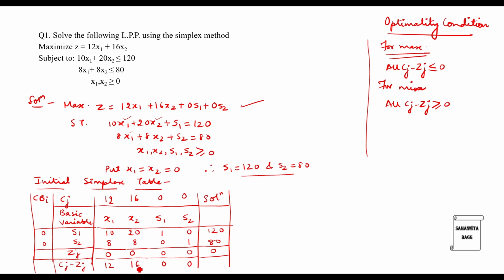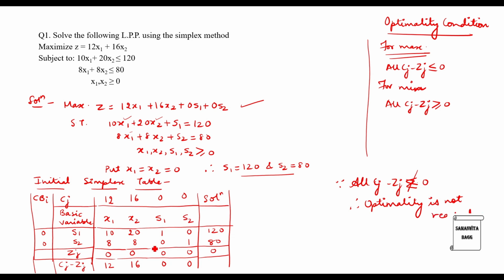In fact, they are positive. So we will write here, since all Cj minus Zj are not less than or equal to 0, therefore optimality is not reached.